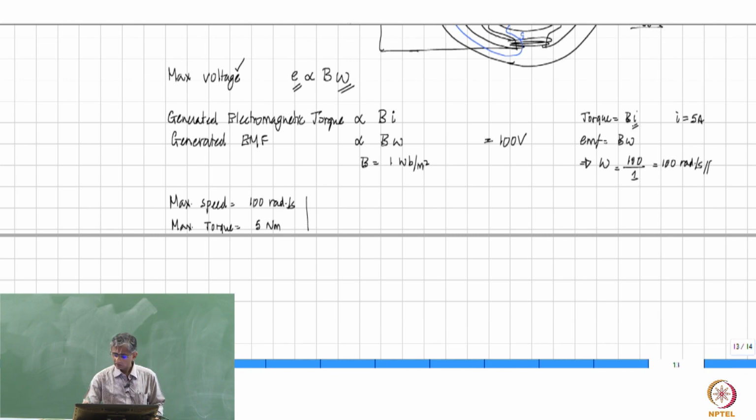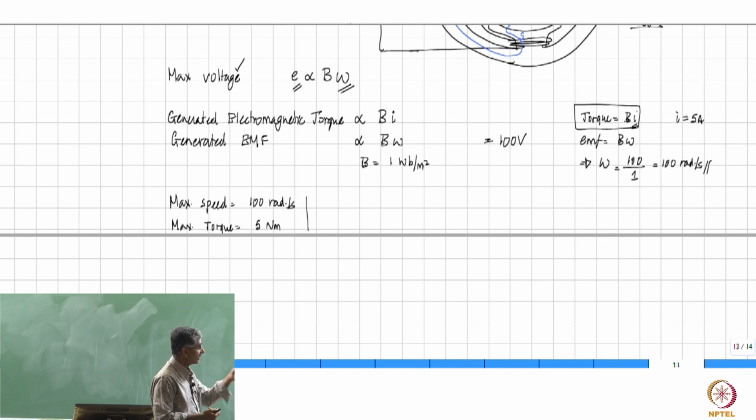Now, this expression says that the developed electromagnetic torque is simply B into I. And for usage purposes, when I need the machine to develop an electromagnetic torque, I need to send a flow of current, right?